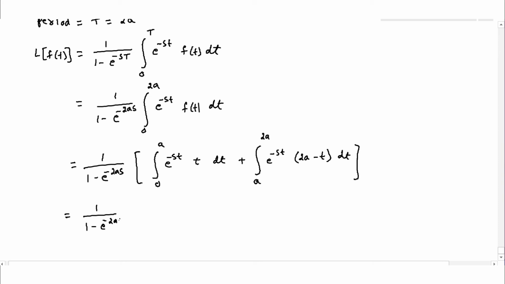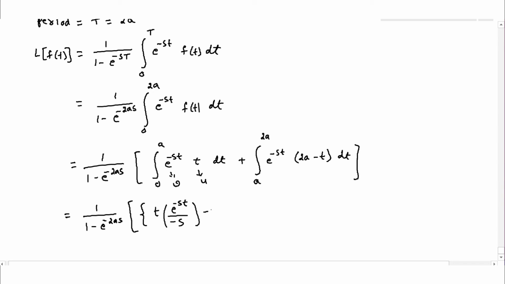So if you use the Bernoulli's rule in this case, this will be acting as your u value, this will be acting as your v value. So u into v1. So u value is t, u value is t into v1. It is e power of minus st divided by minus of s, u into v1 minus u dash.